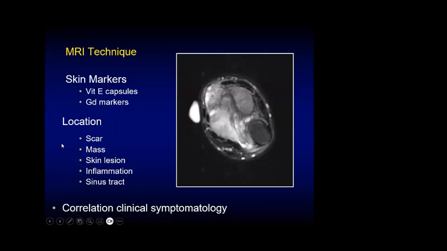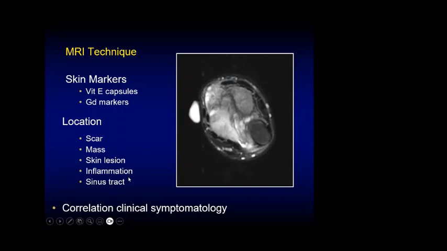There are clues that could actually help you decide where to place the skin markers. If the patient had surgery previously for soft tissue sarcoma, then the surgical scar or surgical incision could be a place where you can put your skin markers. If there's a visible or palpable mass, then you also need to place the skin markers at the boundaries of this mass.